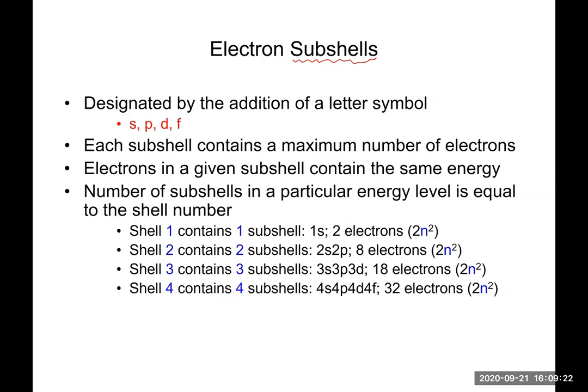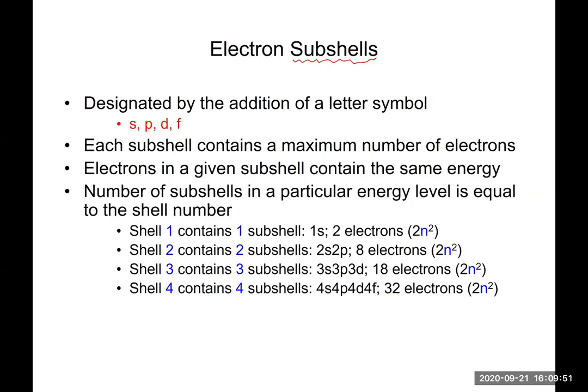So the addition of these letter symbols is S, P, D, F. There's also G and more, but we're going to focus mostly in this class on S, P, and D. Each subshell contains a maximum number of electrons, and we just looked at how each shell contains a maximum number of electrons. So this is just one step further, because instead of just having the shell number, we've now added a letter symbol as well.